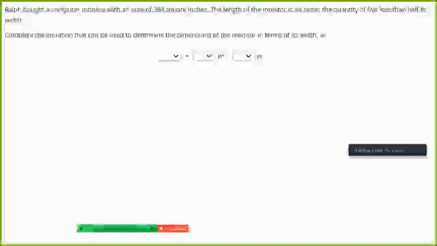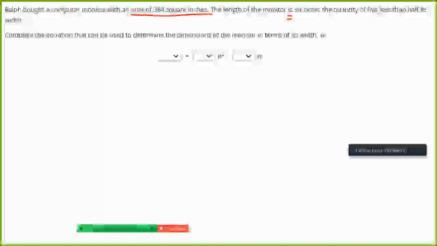Here we go. Ralph bought a computer monitor with an area of 384 square inches. The length of the monitor is, remember, is means equals. I'm going to put an equals there. The length of the monitor is equal to 6 times the quantity of 5 less than half its width. That's a lot.